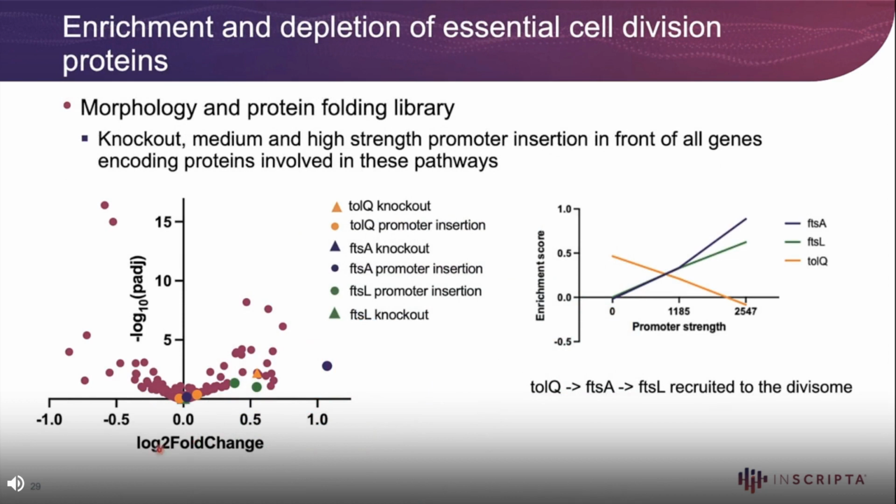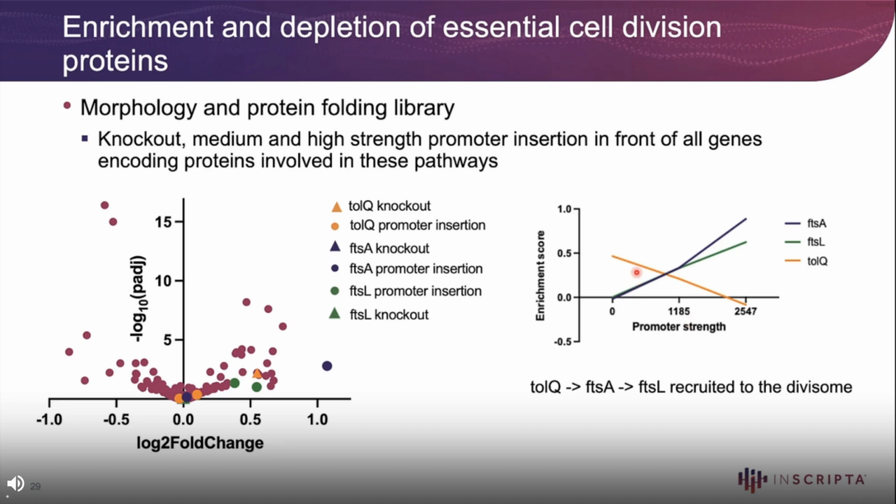Here, we're looking at the log two-fold change in the design counts of the highest concentration of resveratrol over the DMSO control. And here I've outlined in different colors these different designs changing the expression of these three different proteins. Shown here is the enrichment score on the y-axis, again with the promoter strength on the x-axis.